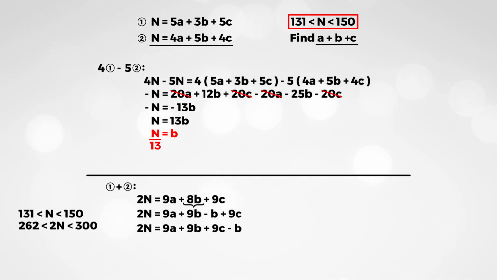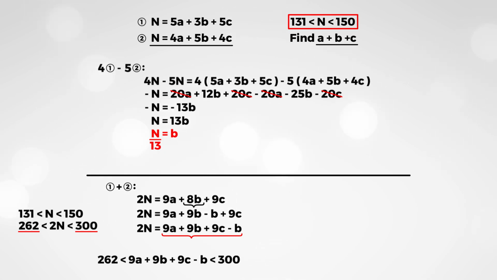You just multiplied by 2. Now, this here is equal to 2n. So that means this is between 262 and 300. So I'll write that out. 9a plus 9b plus 9c minus b is less than 300. Okay?